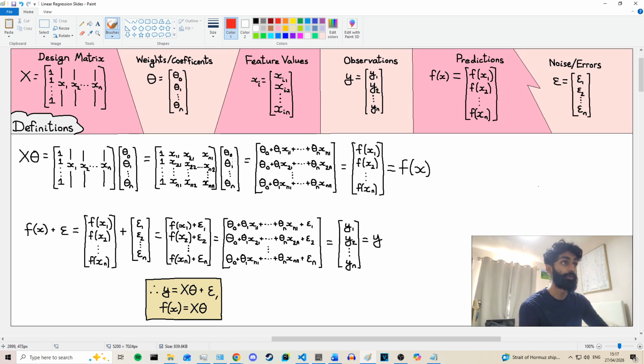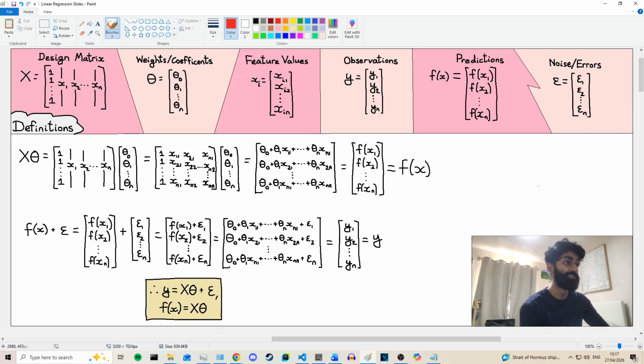And then we multiply it by our coefficients. When you do that multiplication, for the top row you do 1 times theta 0, plus x11 times theta 1, plus x21 times theta 2, and so on, up to theta n times xn1, sorry. And you literally just get a linear regression equation from it, or a straight line equation, should I say.